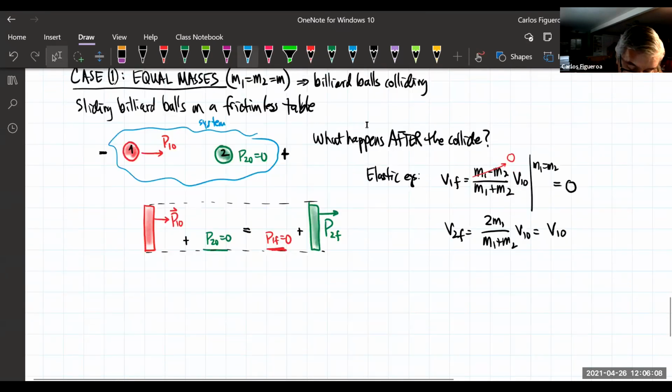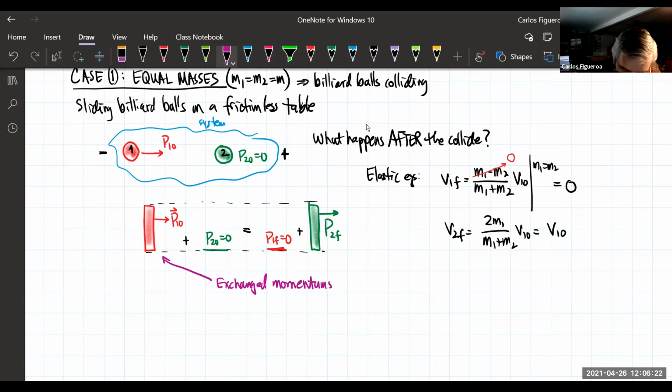Look at this. These guys exchanged momentums. You could see that these two guys exchanged, and then these two guys exchanged. There's literally an exchange of momentums.